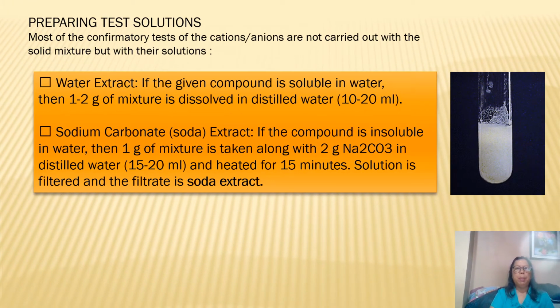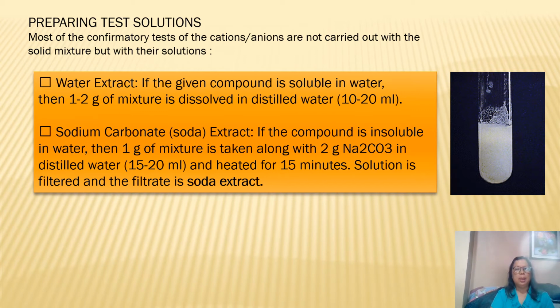Now, how do we prepare test solutions? The test solutions could be prepared either as water extract or soda extract. If the unknown is soluble in water, we make use of what we call water extract. But if it is insoluble in water, we make use of the soda extract or the sodium carbonate extract.